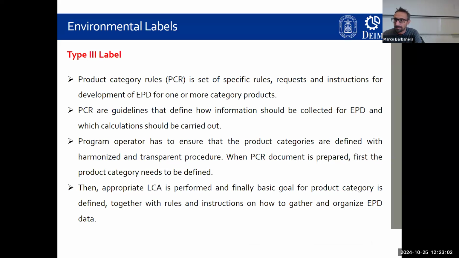Also in the product category rules, we can find not only the functional unit, not only the system boundaries, so not only the unit processes that we have to consider in our LCA, but for example, we can find the definition of the impact assessment method to use to calculate the environmental results.